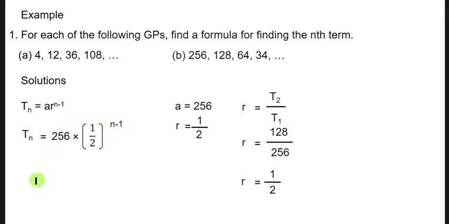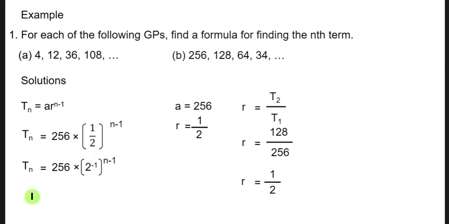So now Tn is equal to 256 times, and this one here is the same as being written like this, 2 to the power negative 1. If you can't understand, you need to watch a video which I did on the laws of indices that will pop up here. Then to the power n minus 1.